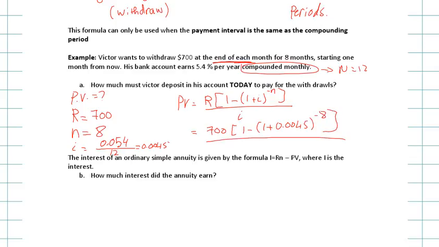Now, when you do your i, and let's say your i gave you a number that is very long and repetitive, it's probably better if you actually put the fraction in i instead of the repetitive number. Otherwise your money at the end is going to be a little off.